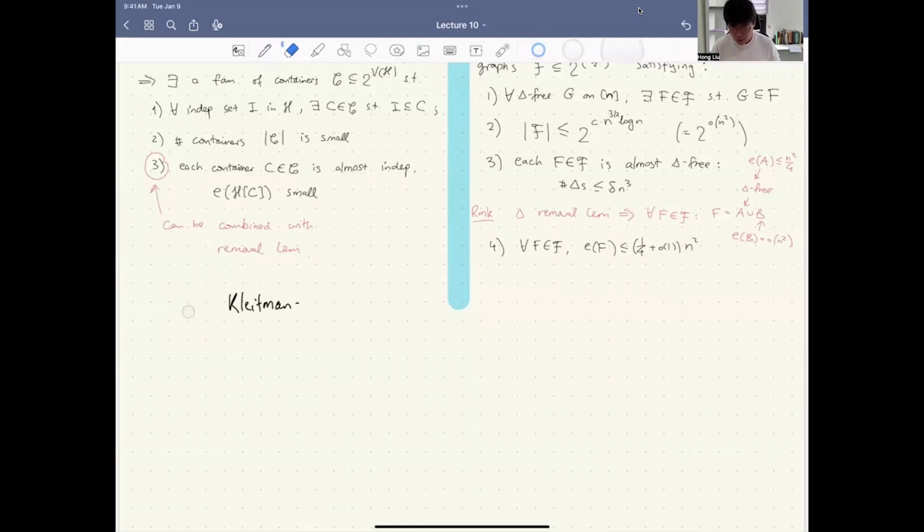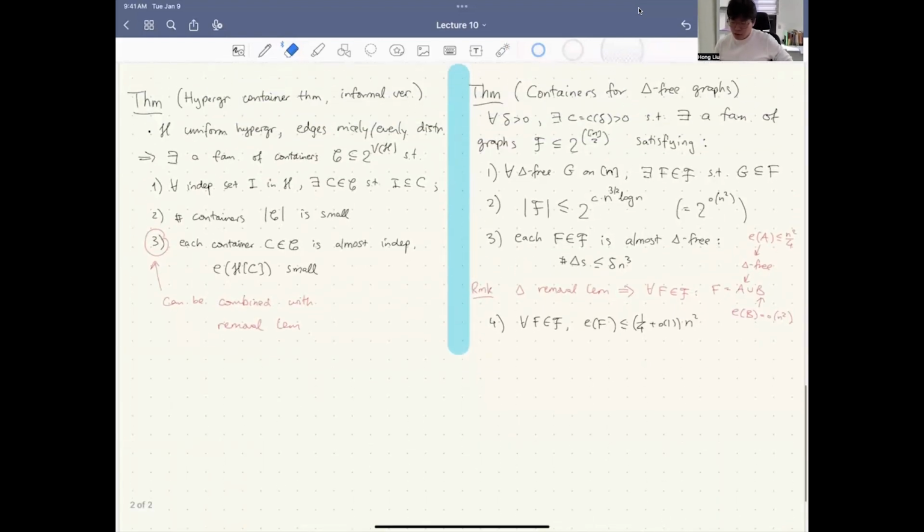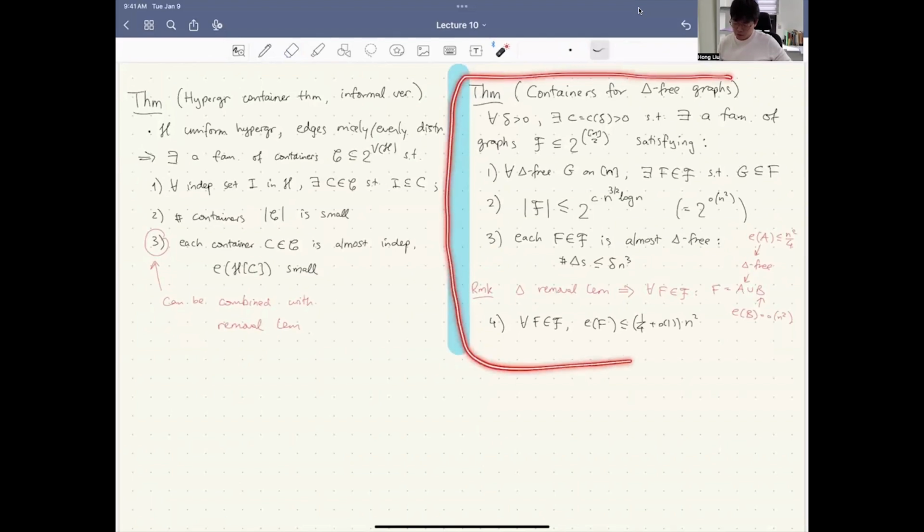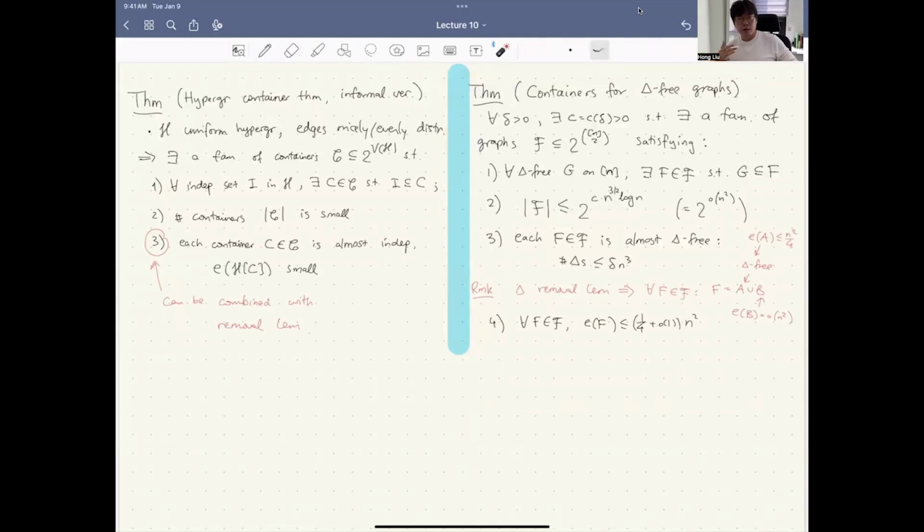There's one more remark I want to make. Another remark is that sometimes we can get the weak type of container theorem from the regularity lemma. So we can also rephrase the regularity lemma as a sort of container theorem.